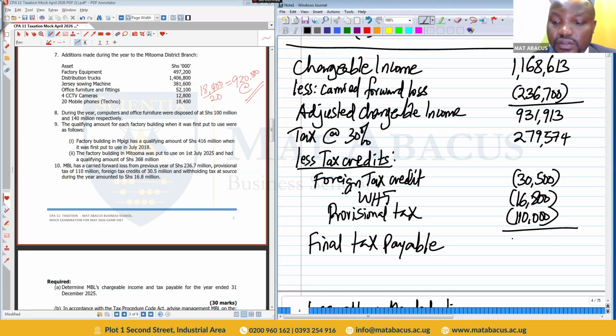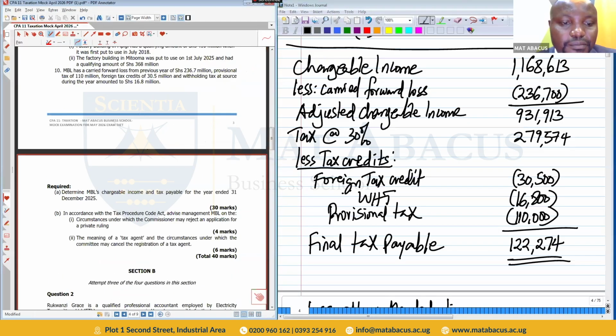When you do this, what remains is 122,274. It means that the person is required to pay 122,274,000 to the Uganda Revenue Authority at the end of that period. So that's what you compute, and that's how you get that number.